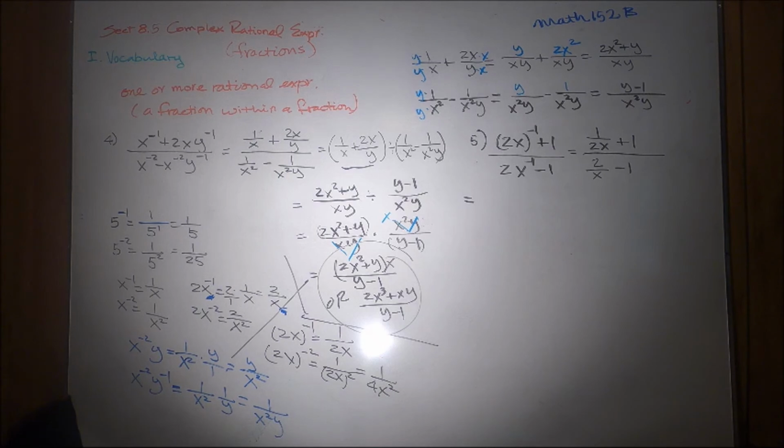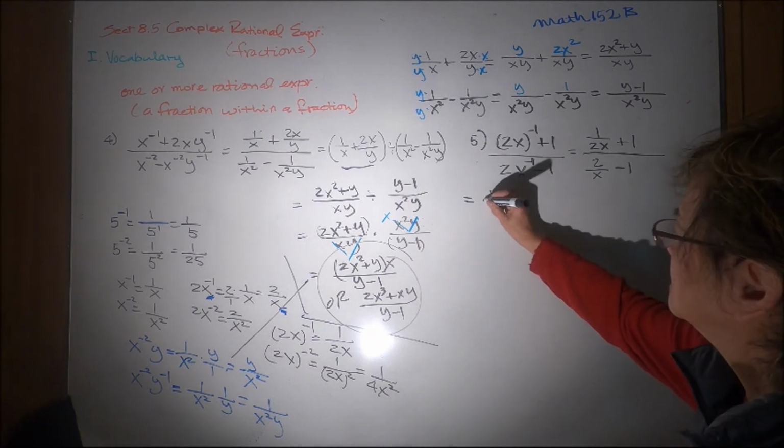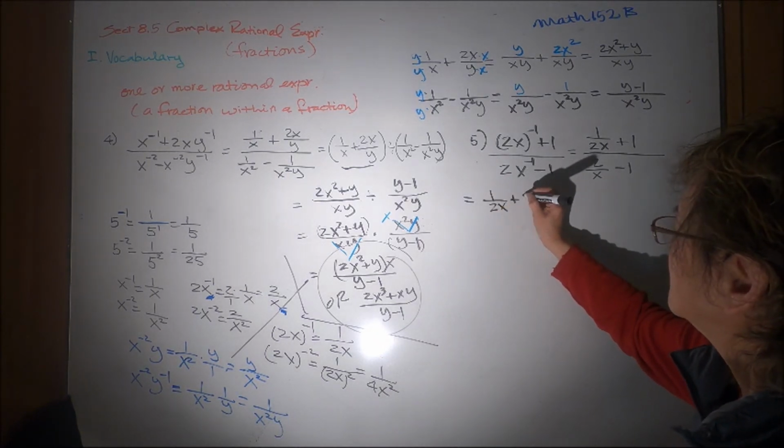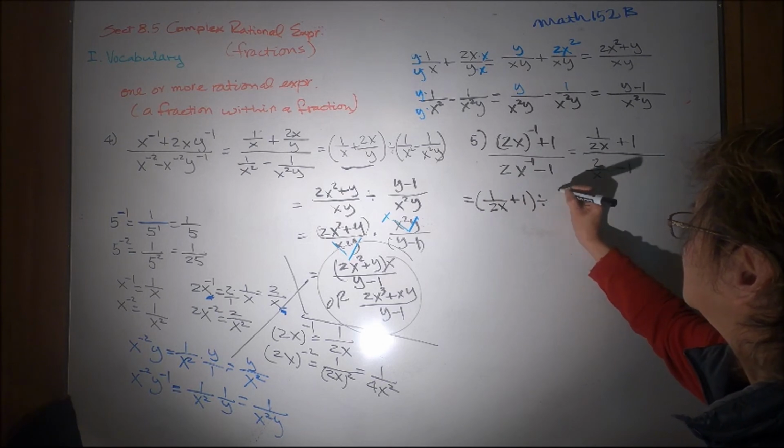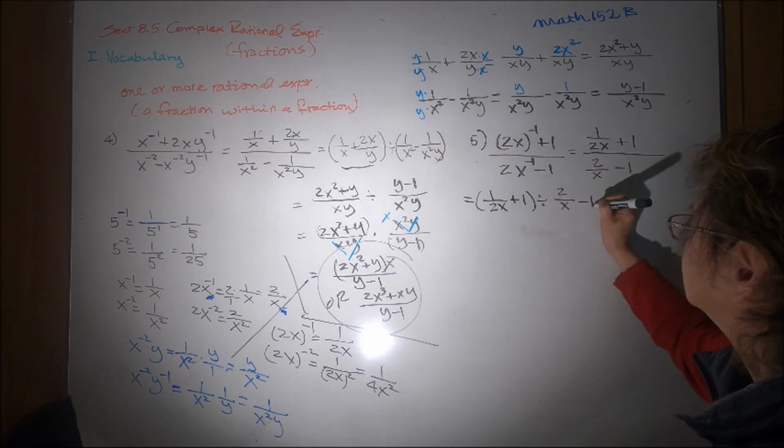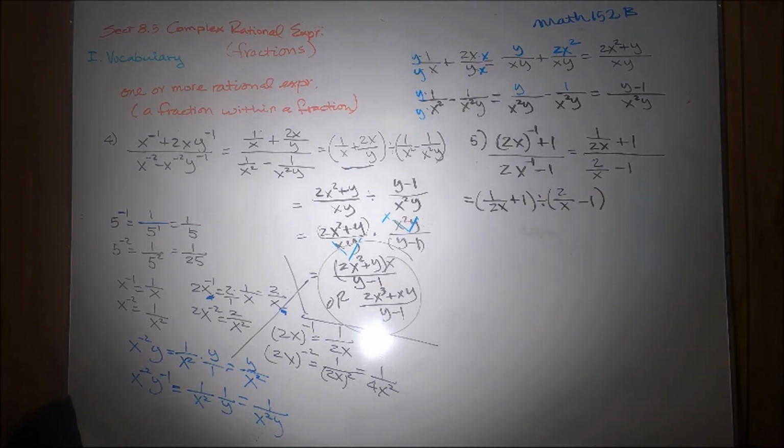Then what do we do? We will rewrite it as what? A division, right? Then, before we can divide and change division to multiplication, we have to make them what? A single fraction, right?